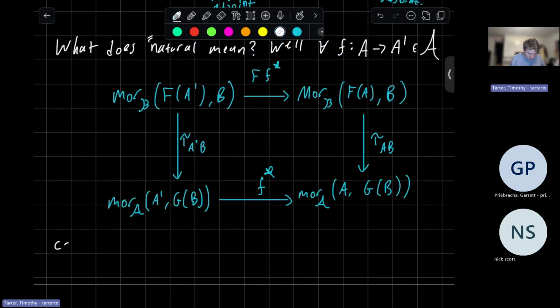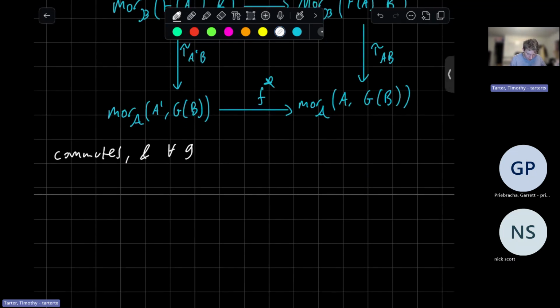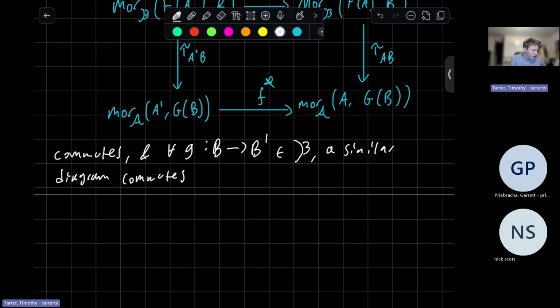So this commutes. And for all little g from B to B prime in script B, a similar diagram commutes.